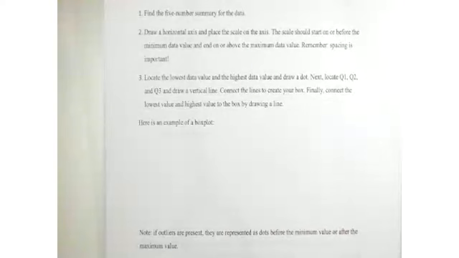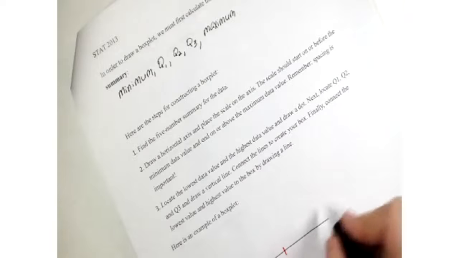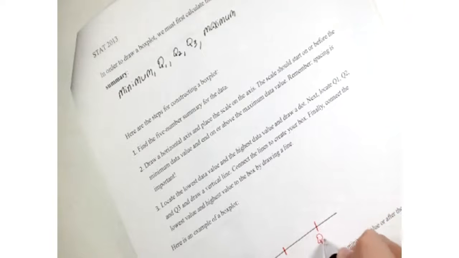Locate the lowest data value and the highest data value and draw a dot. Next, locate Q1, Q2, Q3 and draw a vertical line. This is not going to make sense until I draw one. So here's an axis. I have the minimum here, the first quartile here, Q1, second quartile here, Q2, third quartile here, Q3, and I need to make it a little longer.